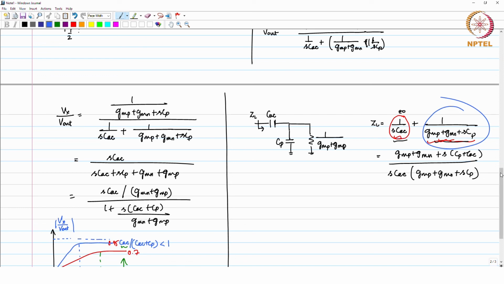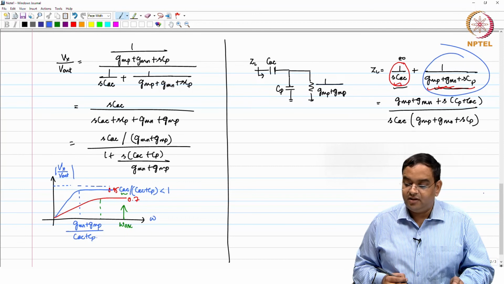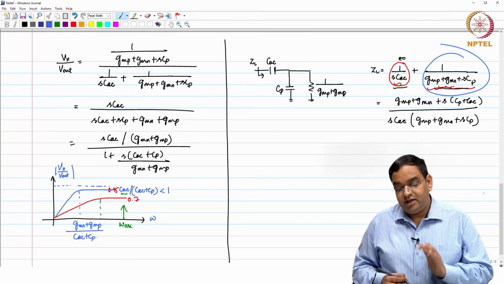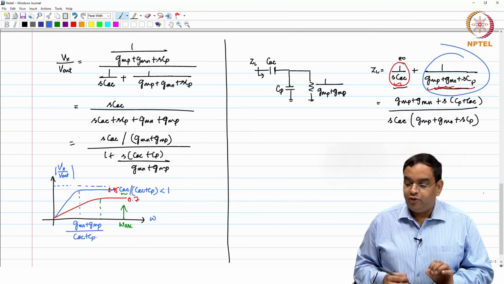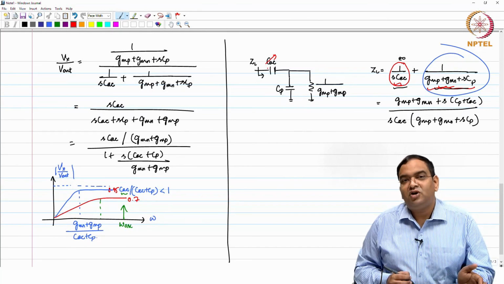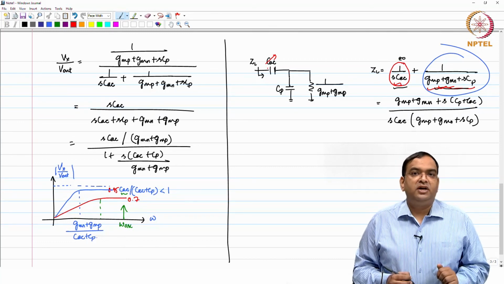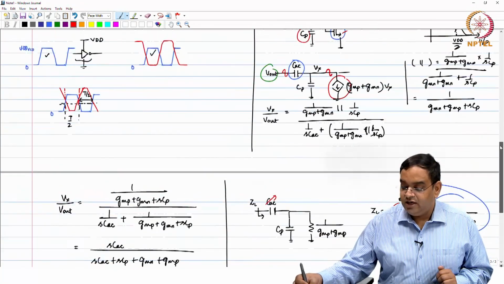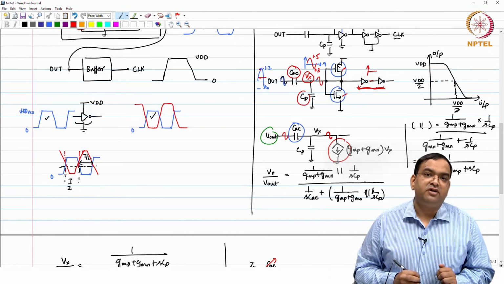So, it is not advisable to not worry about the CAC. You can use a large CAC at any given time and it will work. Well, it works for the amplitude, but it actually lowers the frequency of the oscillation also. So, while choosing this CAC, please optimize it such that the frequency of the oscillation is not that much compromised and you get a good amount of swing at the input of the inverter chain for your buffer.